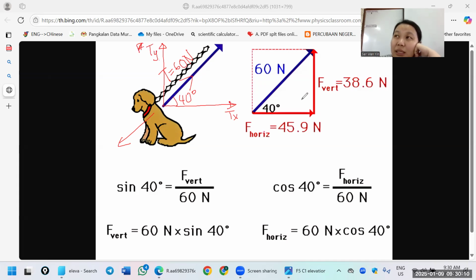Then now they ask, what's the force parallel to the ground? So actually we are saying the pulling force parallel to the ground is the same as Tx. So Tx will be, look at this. This is the angle. Does this line touch the angle?